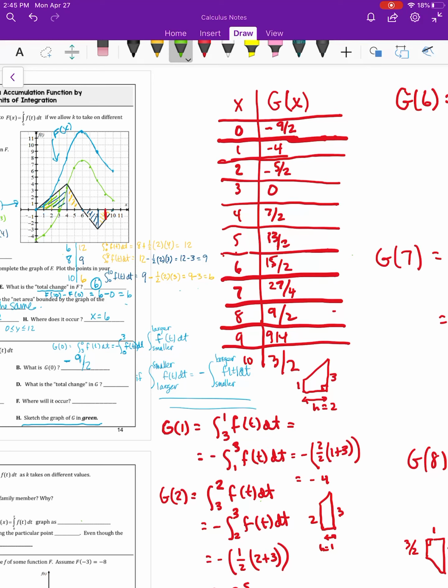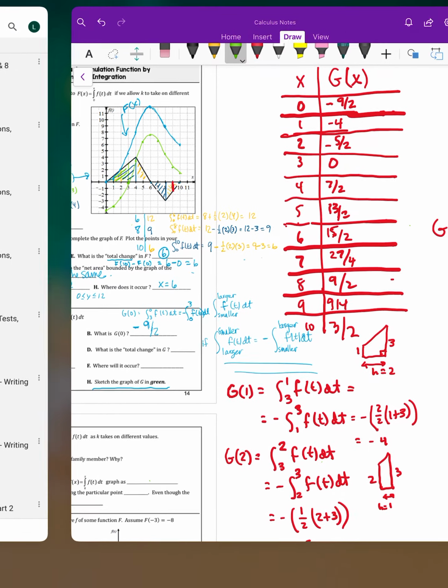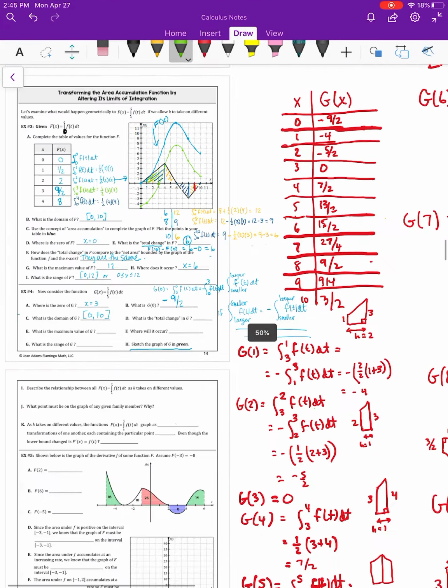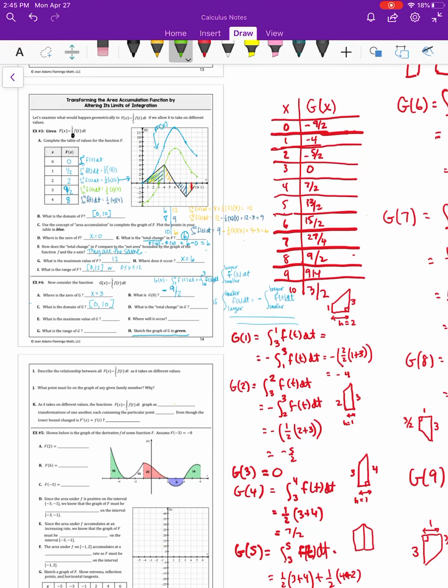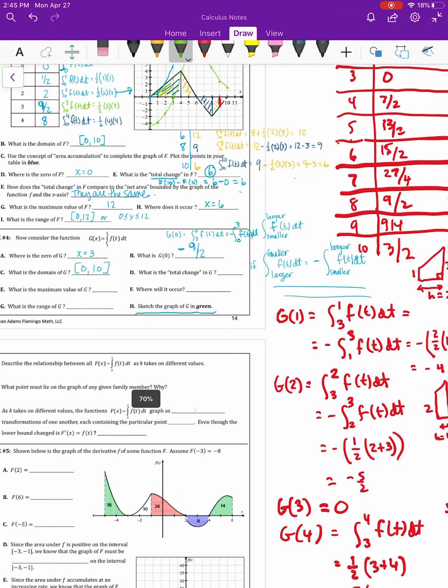with a smooth curve, does it look familiar? Isn't that just a vertical shift downward 4.5 of your f of x? So I wanted you in the beginning to start thinking about what it does to change that bottom number. Okay, and we had 0 here as our bottom number, and we had 3 here as our bottom number, and it ended up giving us a vertical shift of the exact same function.